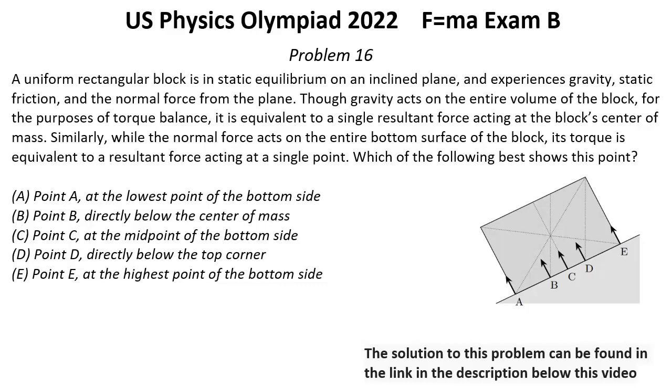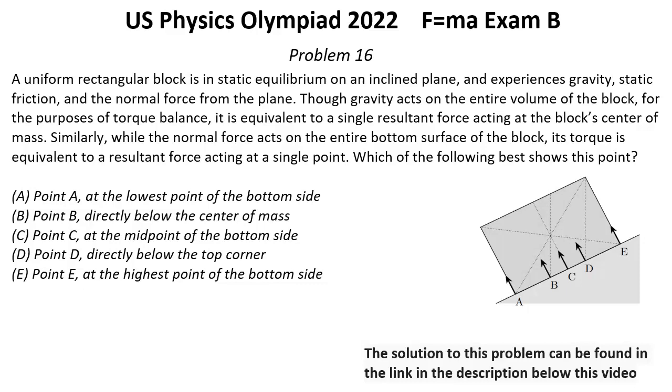Solution for problem number 16. Consider the point of contact between the block and plane directly below the center of mass. Gravity effectively acts at the center of mass and thus exerts no torque about this point.